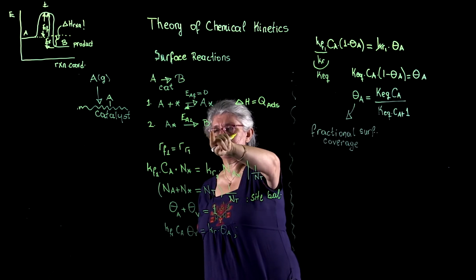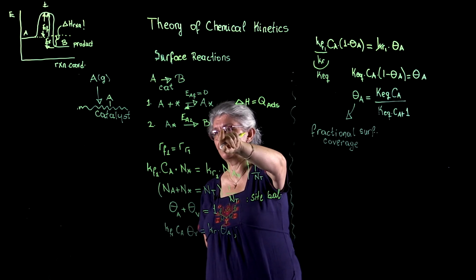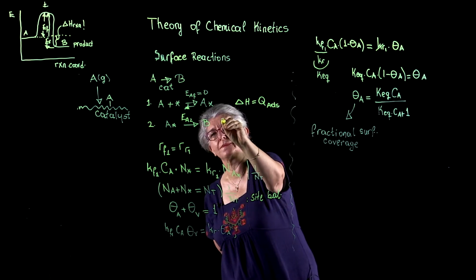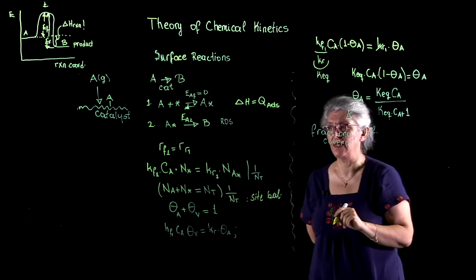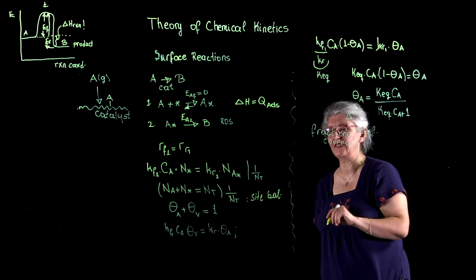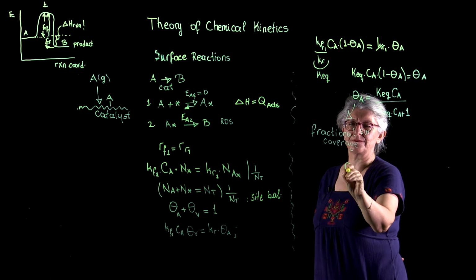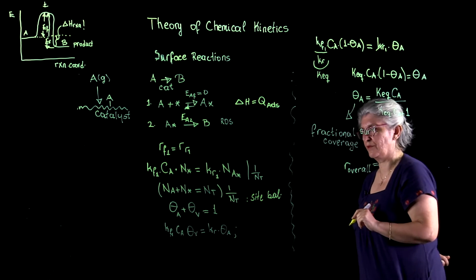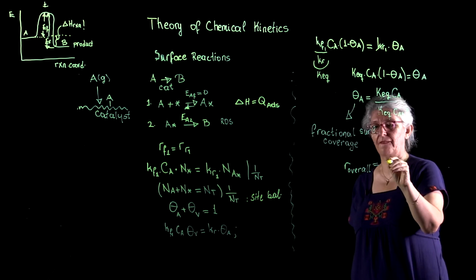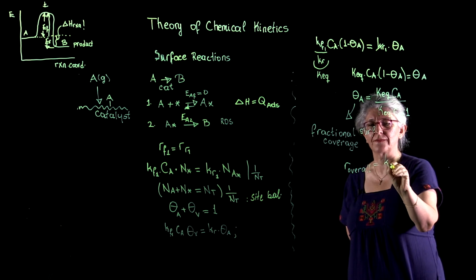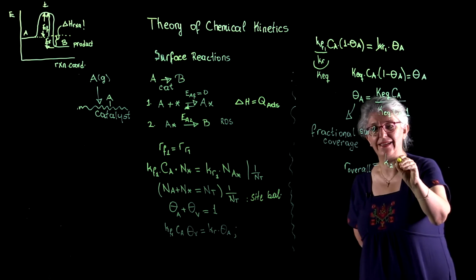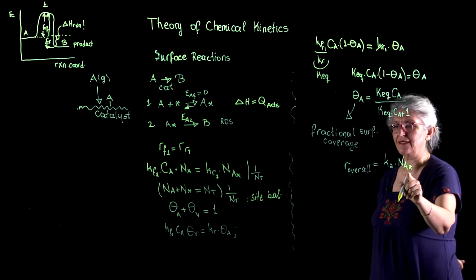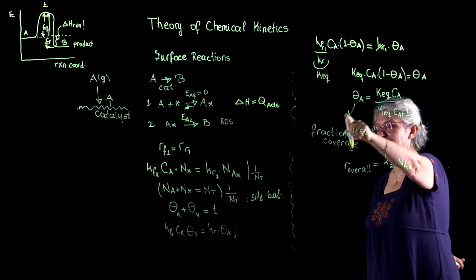My second step is irreversible, and it is what we call the rate determining step. So the overall rate of this reaction is equal to the rate of the second reaction, k2 times N A star. What is N A star? It is theta A times N total.